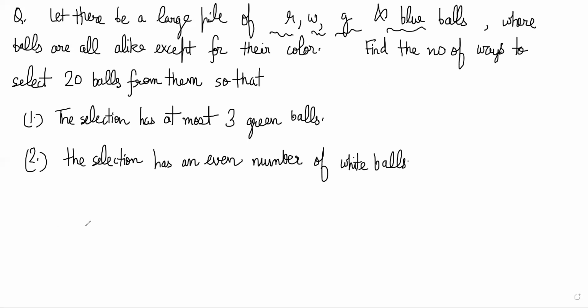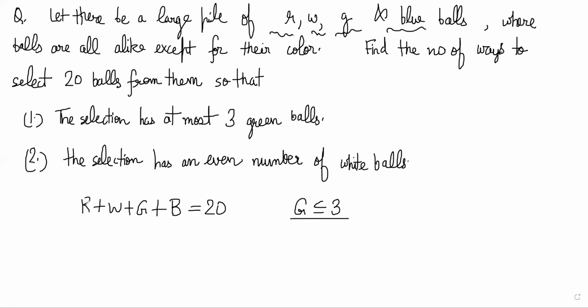See, what you have to do is red plus white plus green plus blue should add up to 20, right? Yeah. And here the condition is that G should be less than equal to 3, right?